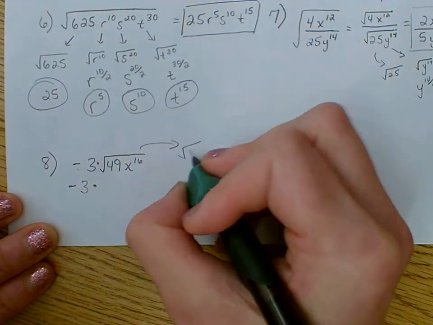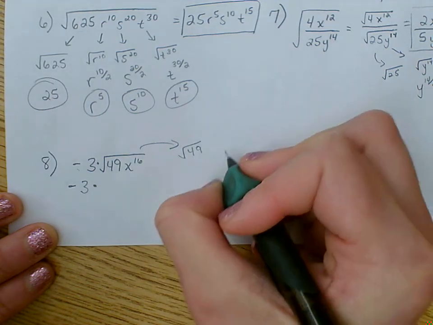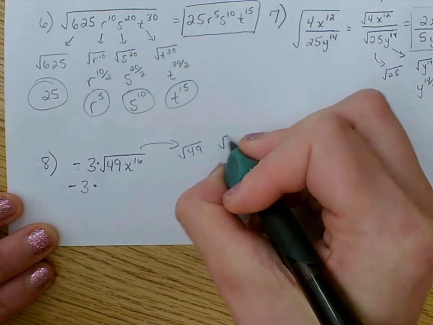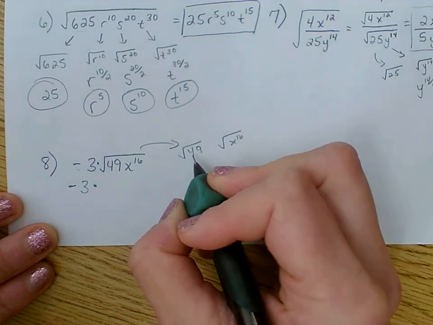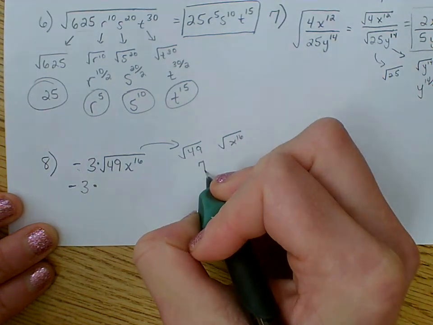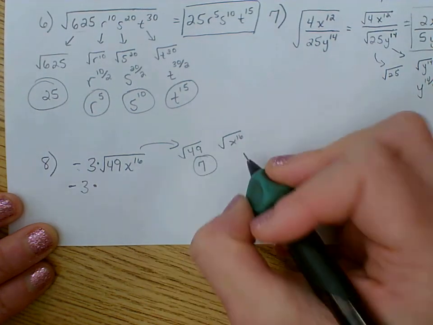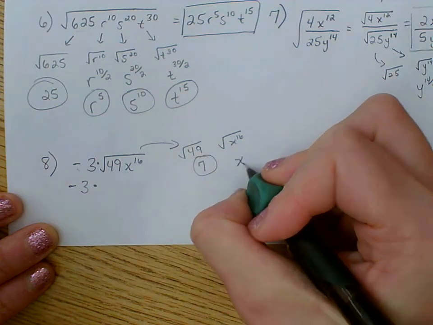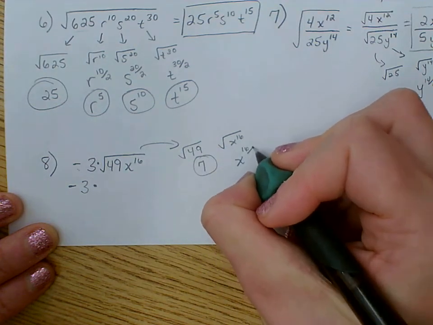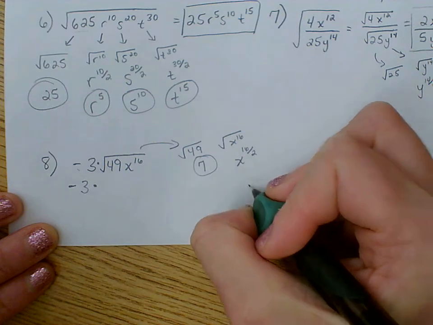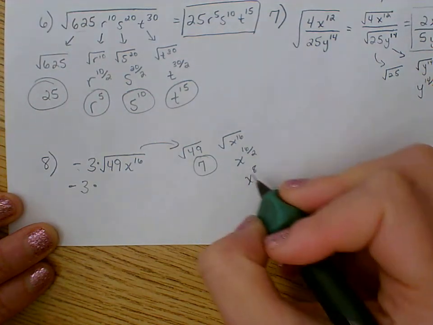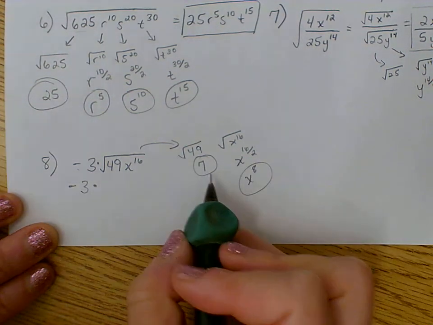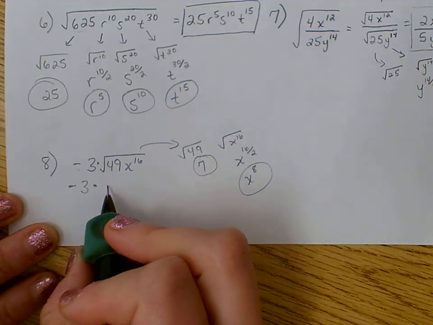We've got the square root of 49, and then the square root of x to the 16th. The square root of 49 is 7, and the square root of x to the 16th, power over root, so it'd be 16 over the root is 2, so that ends up being x to the 8th.